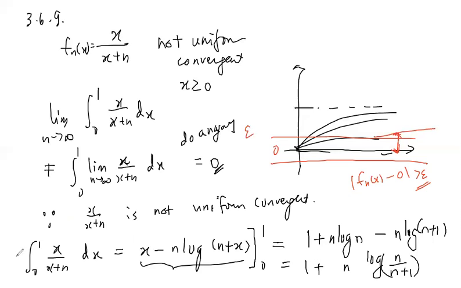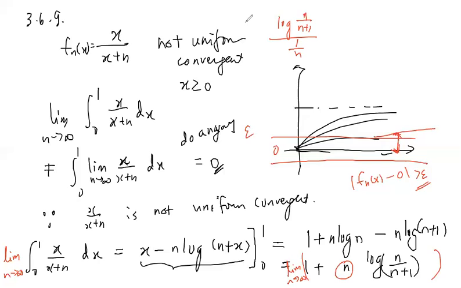If you take the limit here, you will notice something that allows you to apply L'Hopital's rule. Basically what you do is you move this n to be the denominator, so you will have log of n over n plus 1 like this.